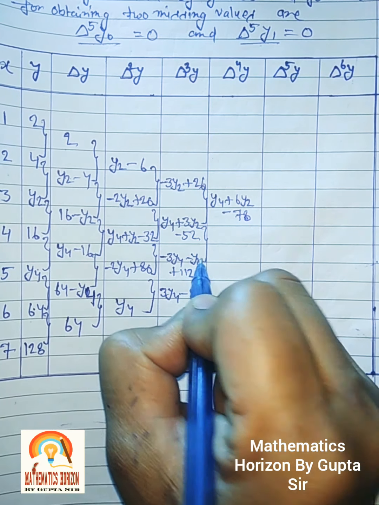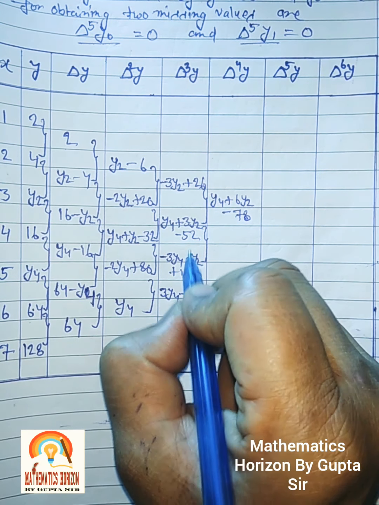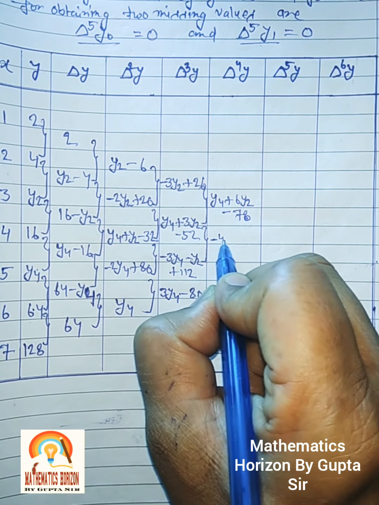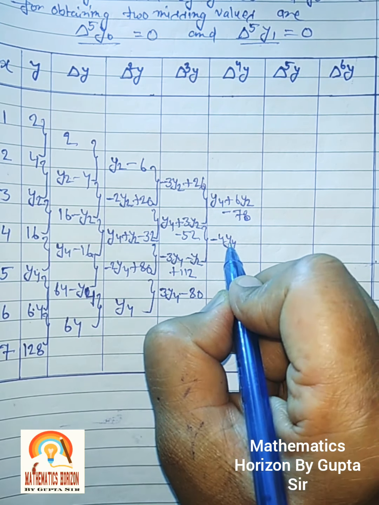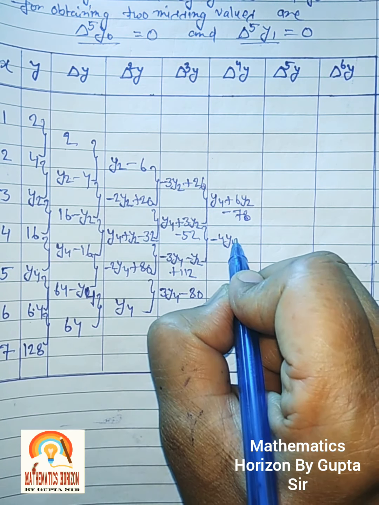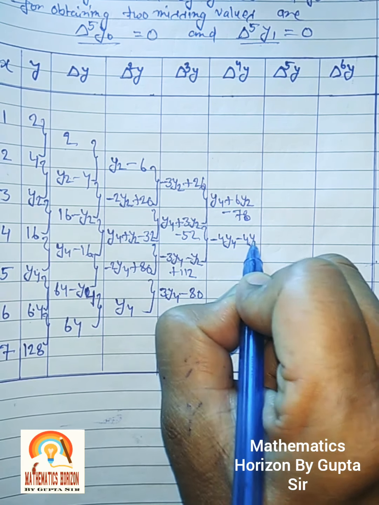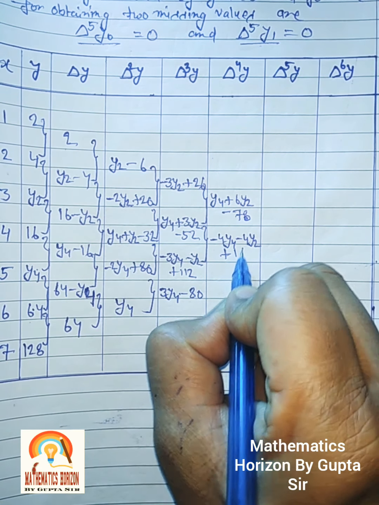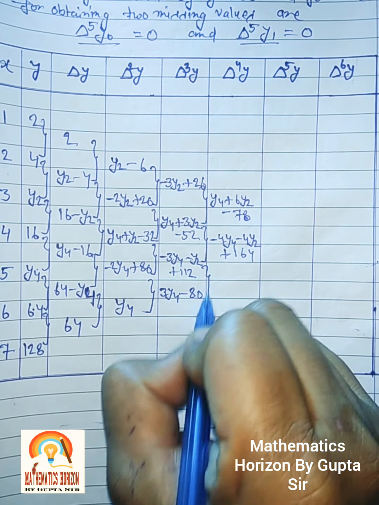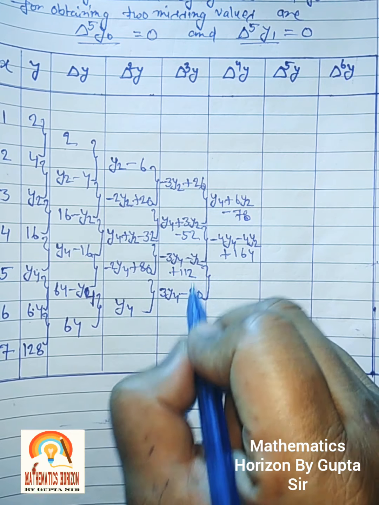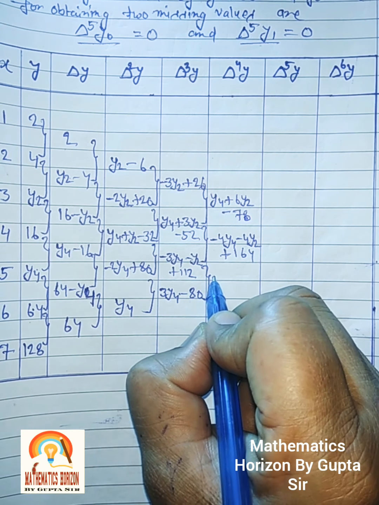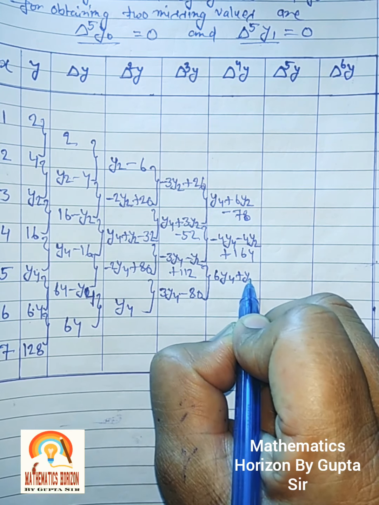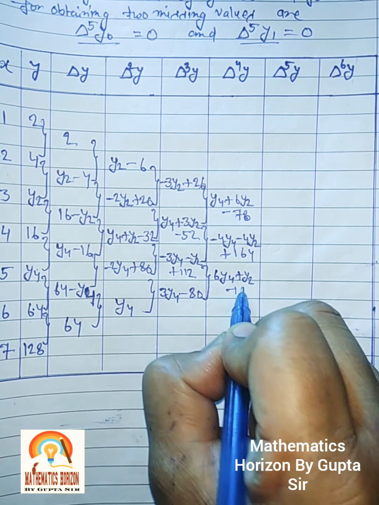And differences of these two, here we get minus 3 minus 1, that is minus 4y4 minus 4y2 plus 164. And differences of these two, that is 3 plus 3, that is 6y4 plus y2 minus 192.